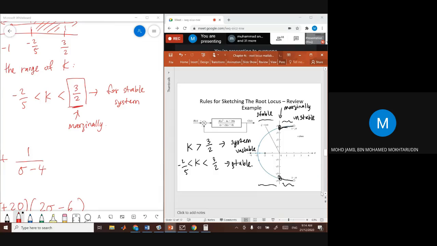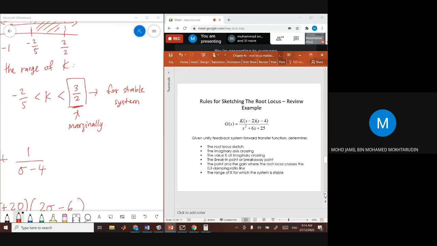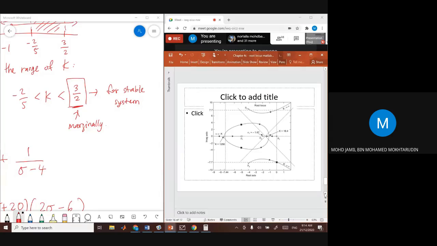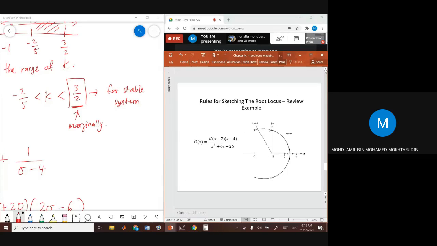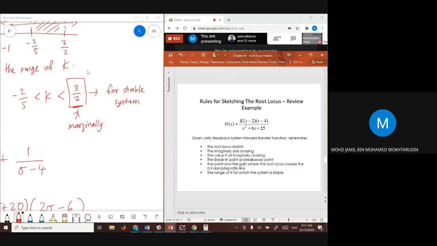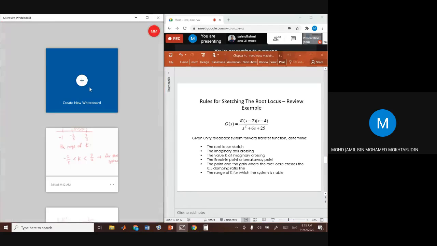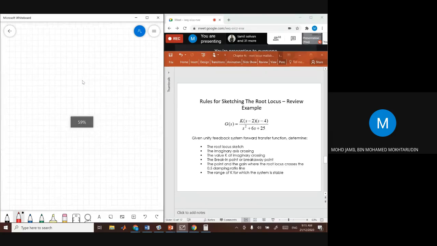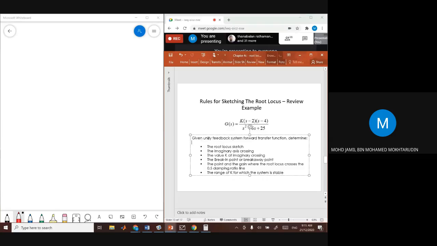Okay, so let's look at the third example before we end our lecture. So in this question, the same thing. The system is unity feedback. So you can find the poles directly from the forward transfer function GS.